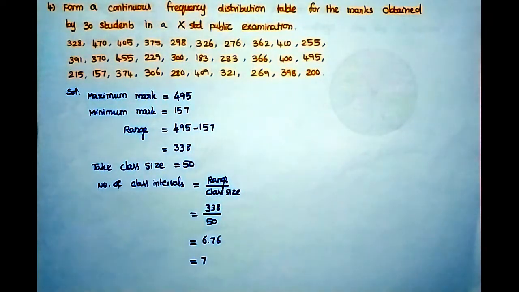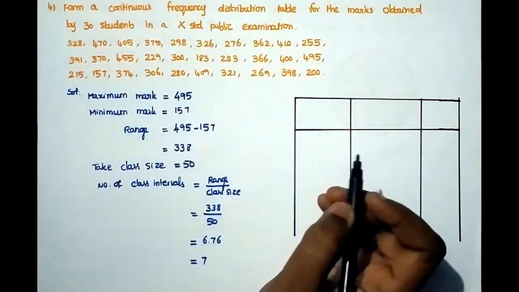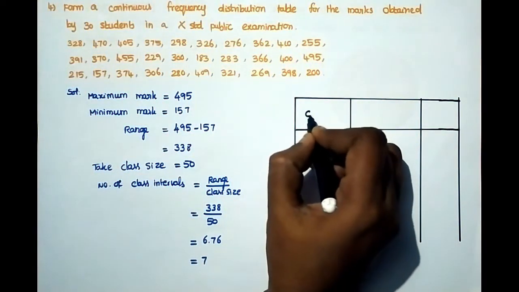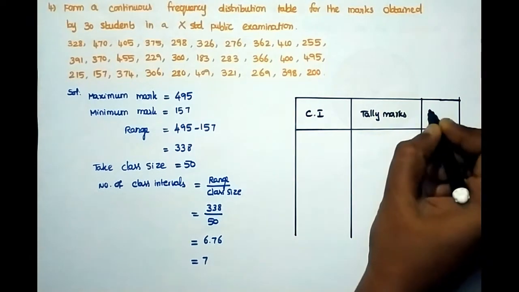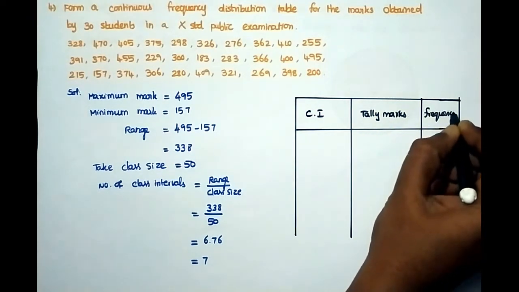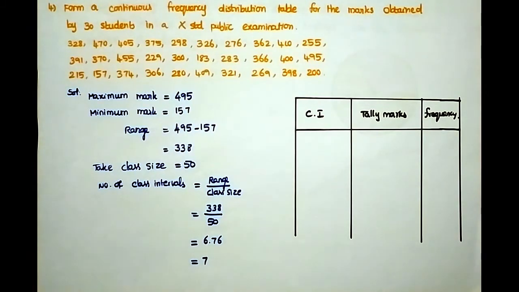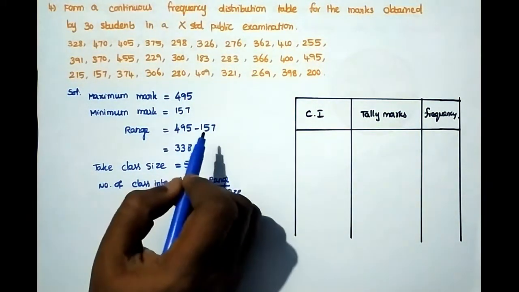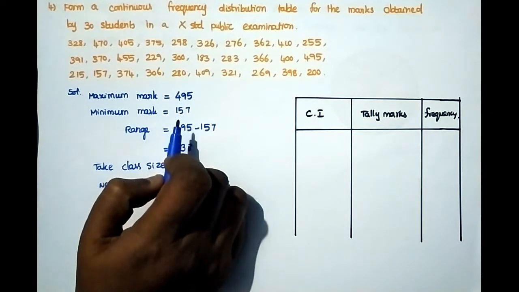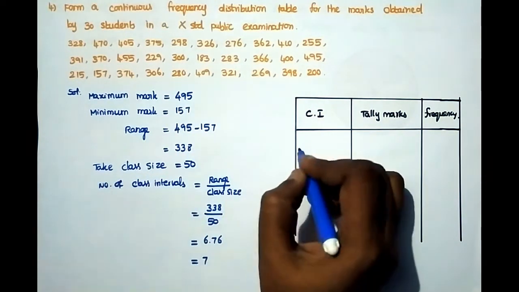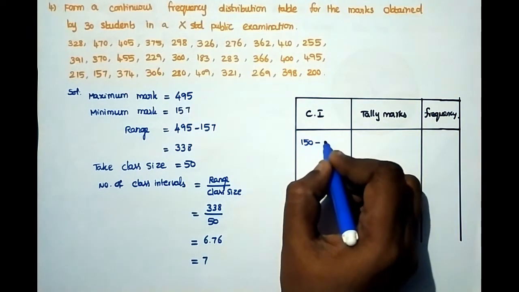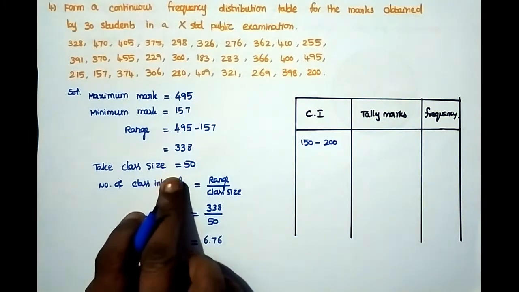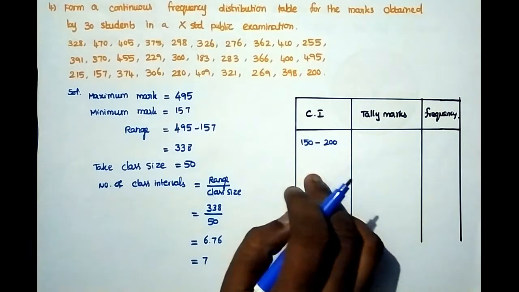Now form the tabular column. Now write down the class interval, tally marks, and then frequency. Write down the class interval. The first minimum is 157, so take 150. From 150 we write the class interval 150 to 200, because the class size is 50, so the difference is 50.